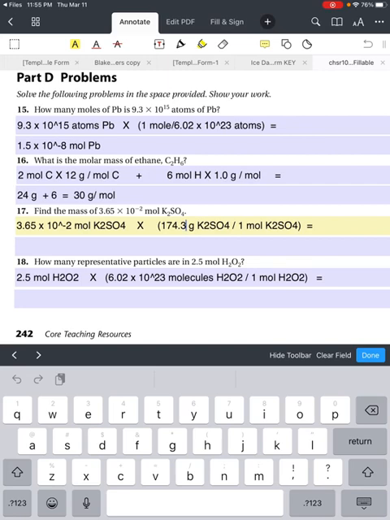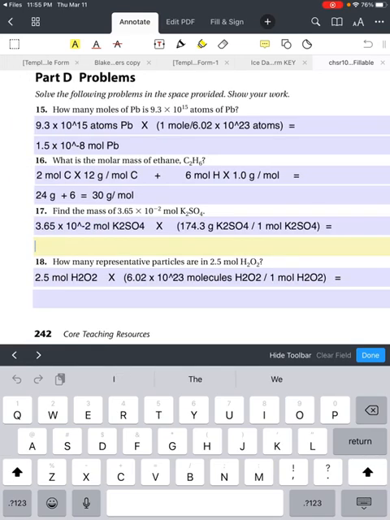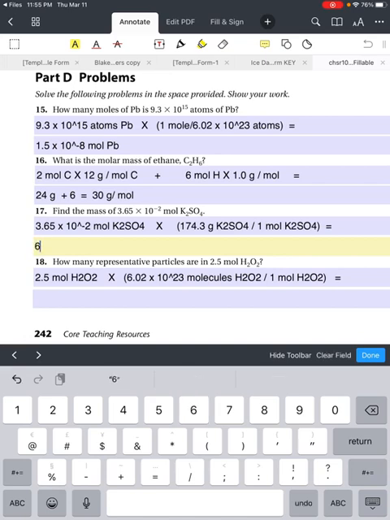But in the end, what we get is a value that is, I'm doing the calculations, 636 times 10 to the minus 2. That's not proper scientific notation. Potassium sulfate, which would be 6.36. And that's just it. It's times 1, or 10 to the 0, which is 1.